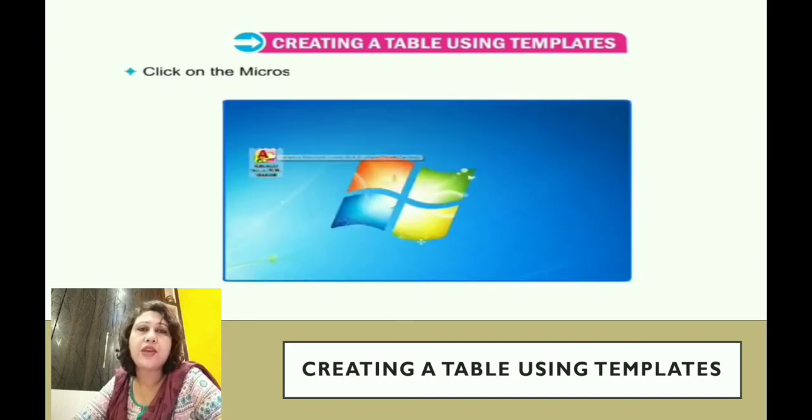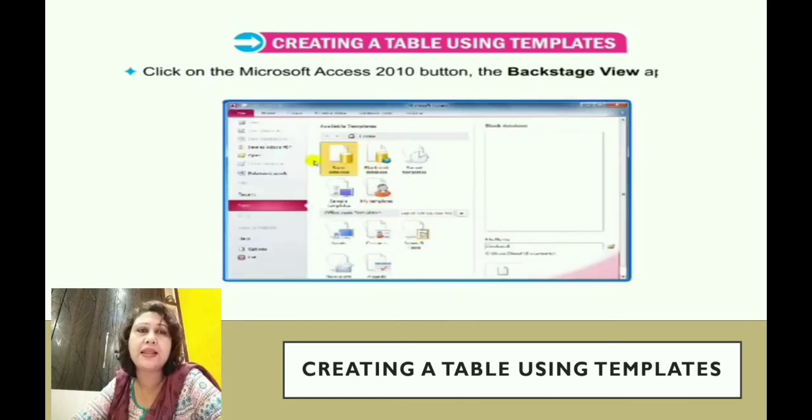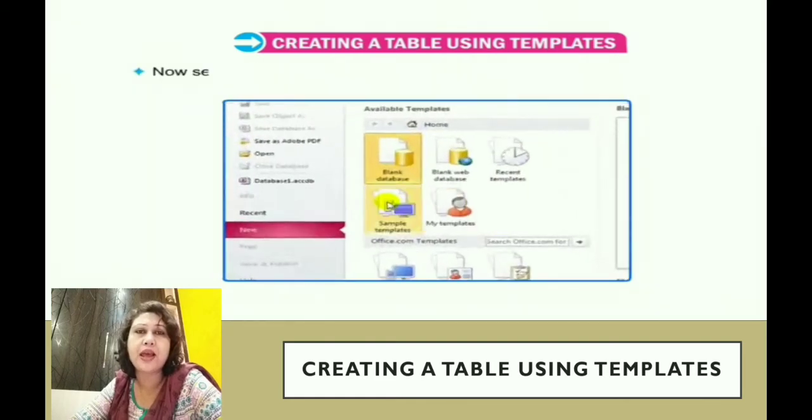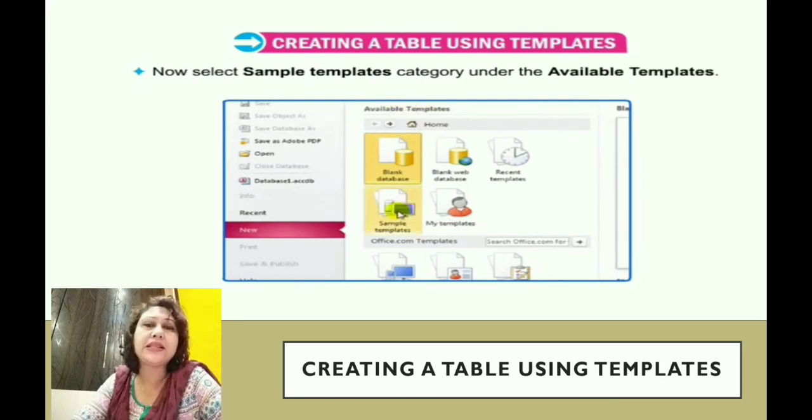For that, we again have to click on the Microsoft Access 2010 button on the desktop, and again the Backstage view will appear on the screen, as you can see. From there we now have to select Sample Templates just below Blank Database, under the Available Templates category.